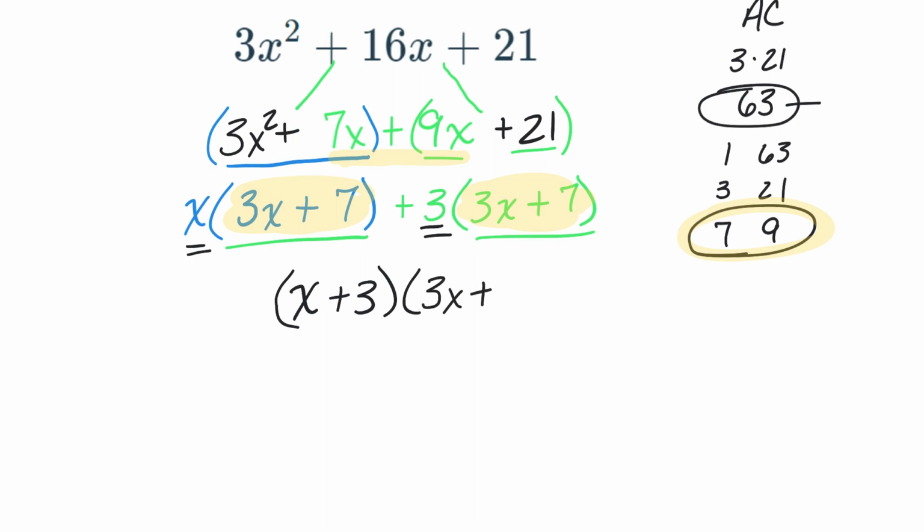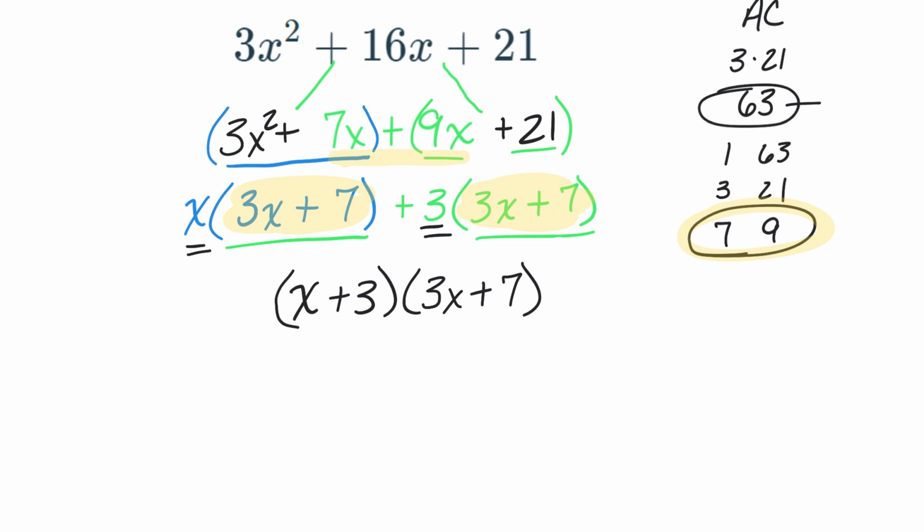Now, the tendency for students is to want to come in here and say, well, this is 3x plus 7 squared. But remember, we didn't multiply here. Exponents only change when we multiply, and this was addition. This was essentially combining like terms.